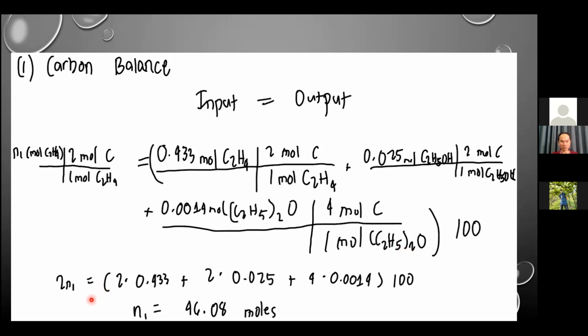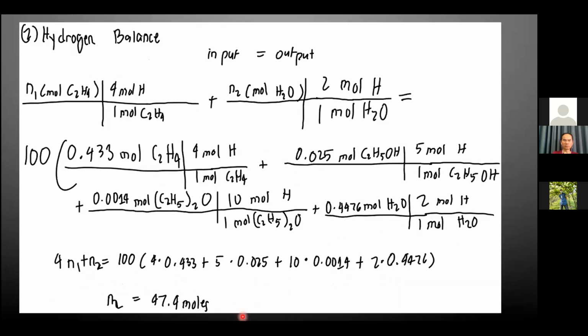From there, we come up with this equation. We multiply out the right hand side, and then divide by 2 to get N1, which is 46.08 moles.